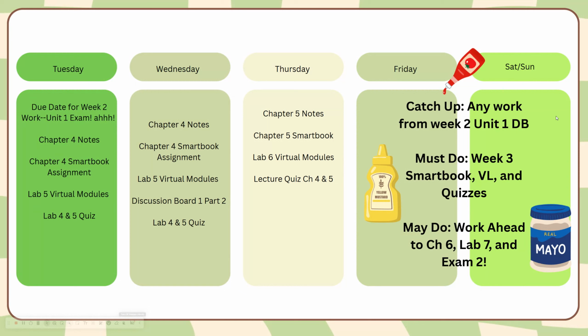You must do, that is your week 3 work with your smart books from Chapter 4 and 5, with your virtual lab modules from 5 and 6, and of course, those quizzes. And then, of course, our mayo or may do, you can work ahead. We will keep it moving to Chapter 6 and Lab 7 and Exam 2 next week.